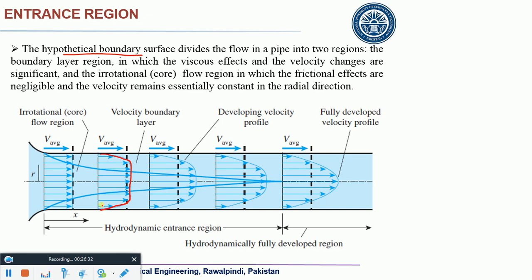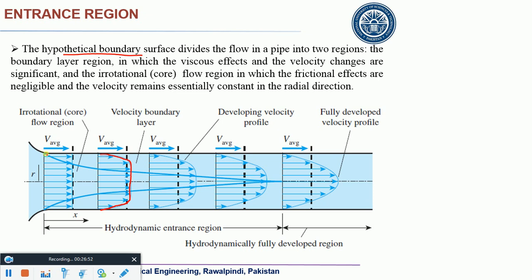Why? To maintain the mass flow rate. If your velocity decreases near the wall, it should increase as you come closer to the center, just to keep the mass flow rate the same. You cannot store the mass inside a constant cross section or a surface.